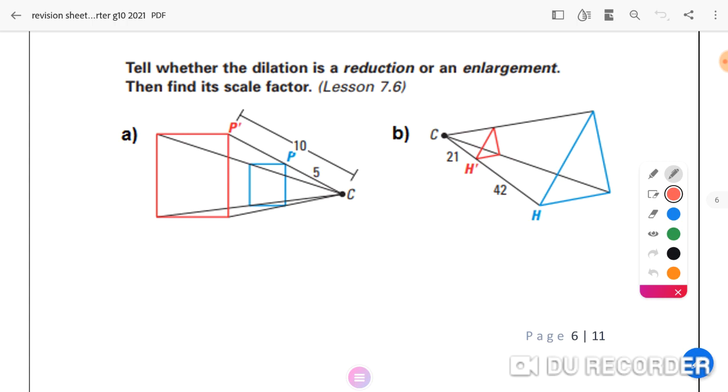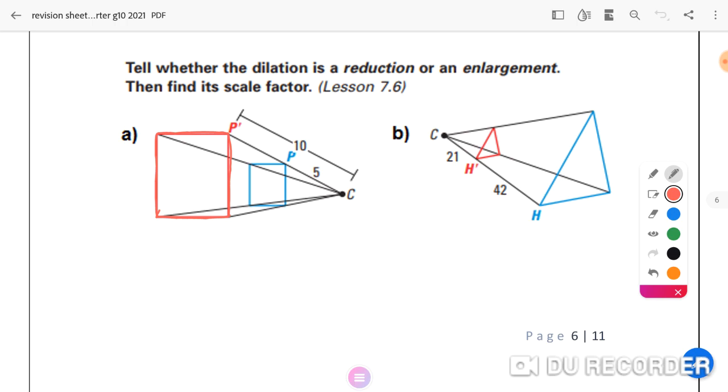Okay, so every time you will have this letter prime, P prime, it refers to the image. So this one in red is the image, and simply this because we have P prime, but the original shape will be a capital letter without dashes. So B is the original shape, and P prime refers to the image.